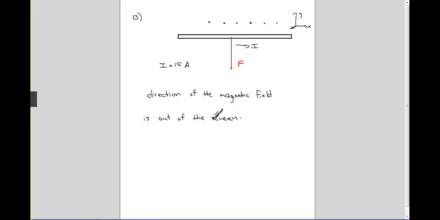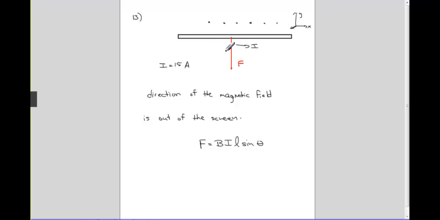Okay, so once we know that, then we can just use the equation for the magnetic force on a current in a conductor. The force is equal to B, the magnetic field, times the current, times the length, times the sine of the angle theta.